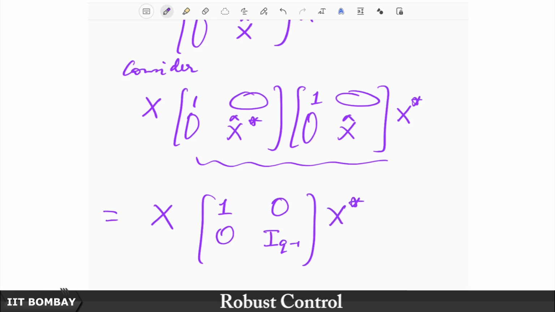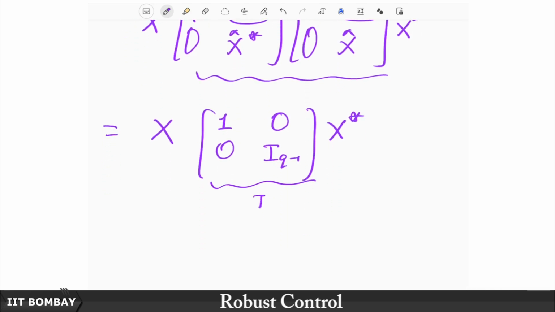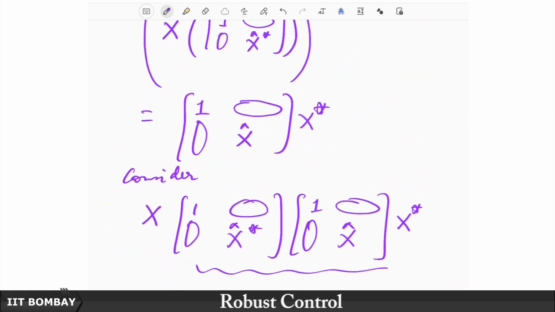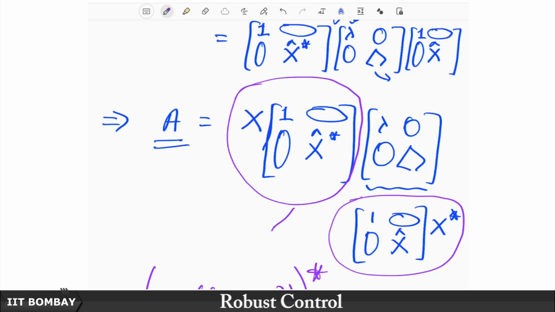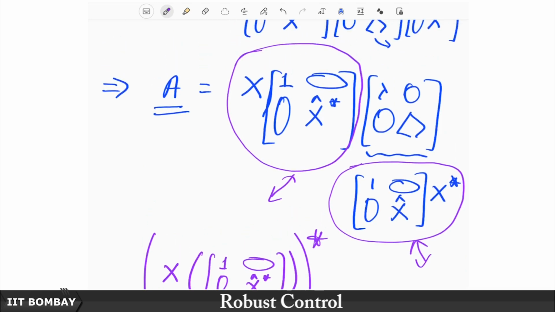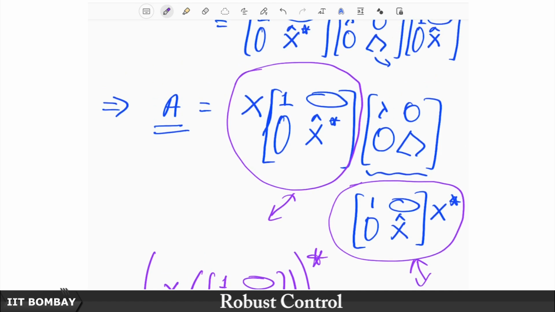But what is this? This is nothing but identity of size q. So then this leads to x star, which is nothing but identity. Therefore, these matrices that appear as paddings on the left and right of this diagonal matrix are not just complex transpose conjugates or Hermitians of one another, but their multiplication also leads to the identity. So this matrix is also unitary.